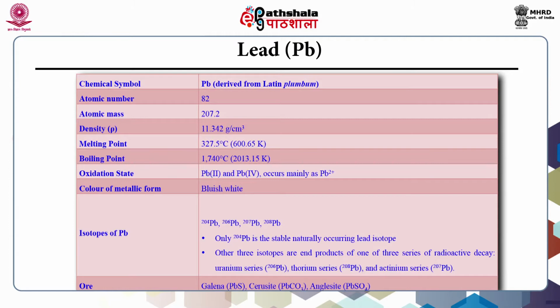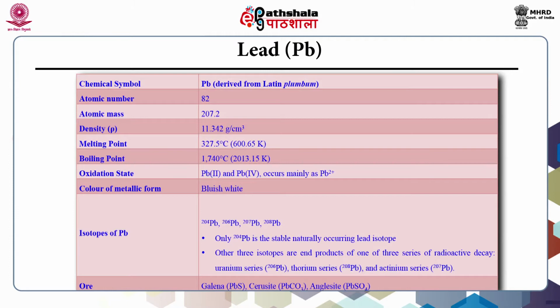As far as ores of lead are concerned, galena is the most common ore, that is lead sulphide, then cerussite, that is a carbonate ore, PbCO3, and anglesite is another ore, that is PbSO4. So, these are some of the common properties of lead.